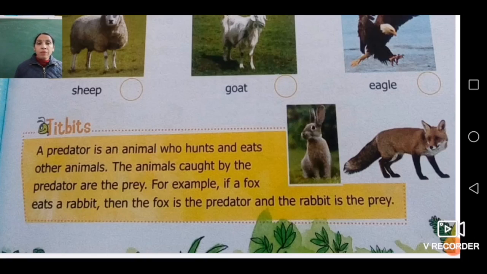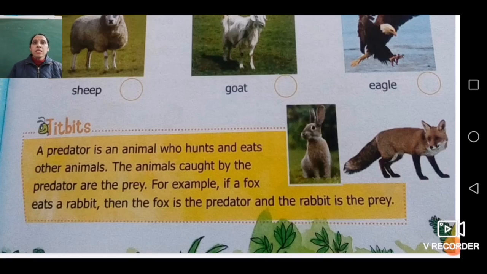Now for example, if a fox eats a rabbit, or let's say if a lion is chasing a deer, and then the lion will eat that deer, then the lion is known as predator and the deer is known as prey.